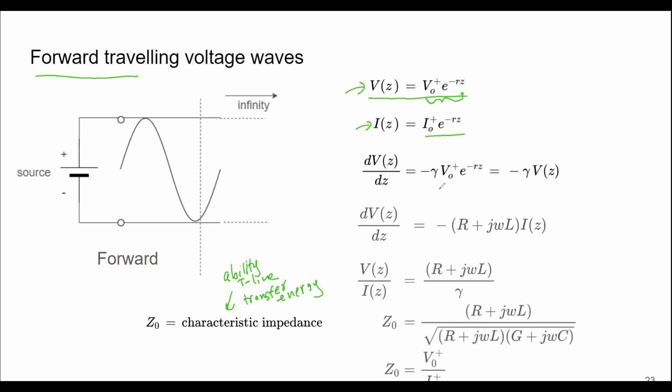And then, in order for us to get such a relationship, we need to remove the unknown terms that we have, terms like V naught plus, I naught plus, and so on. So in order to do that, we take again the telegraph equations that we built earlier with respect to the propagation constant.